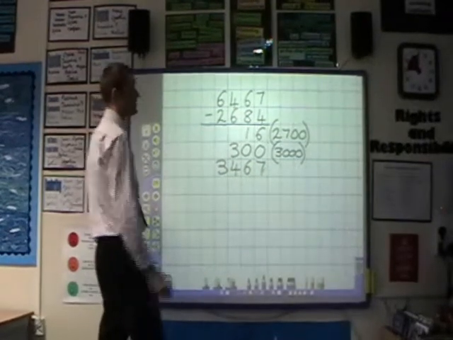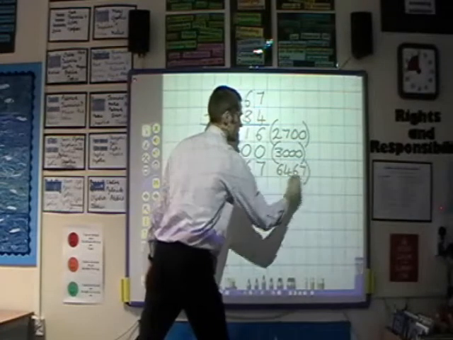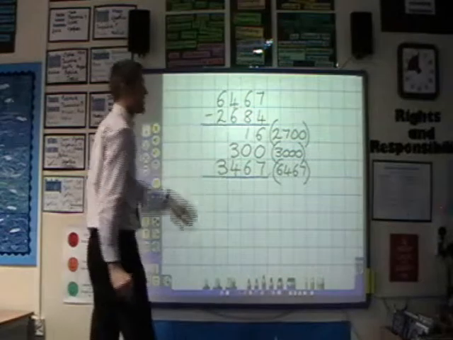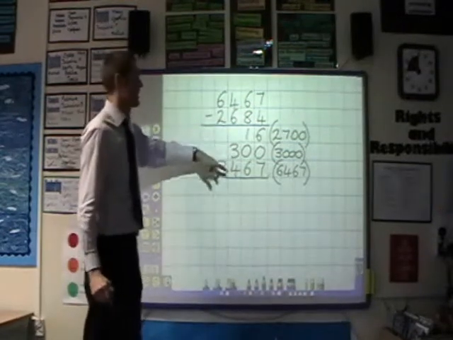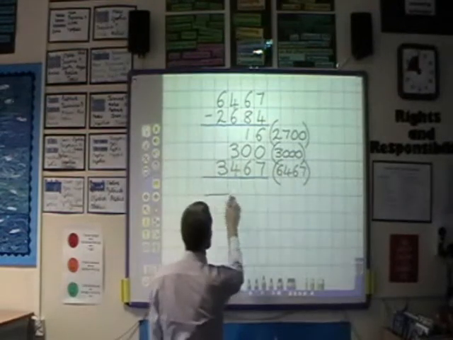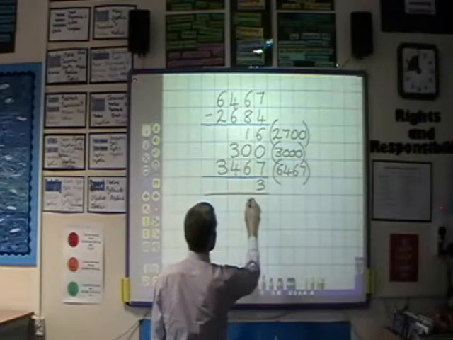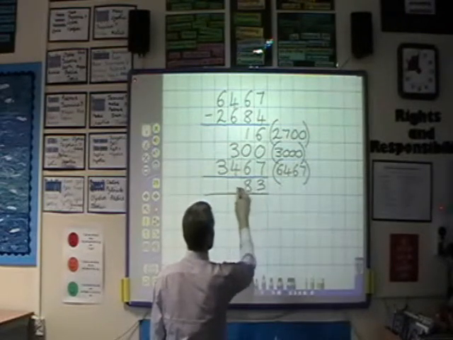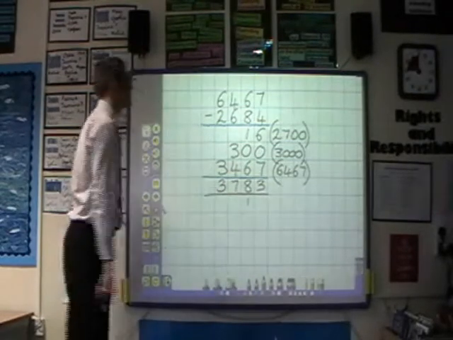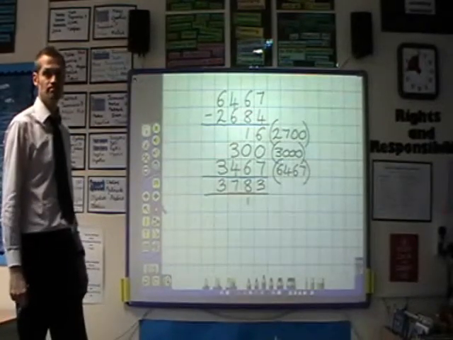Now that they've arrived at their target number, they simply draw a line and then add up the jumps that they made from this number to this number. Which gives an answer of 3,783.